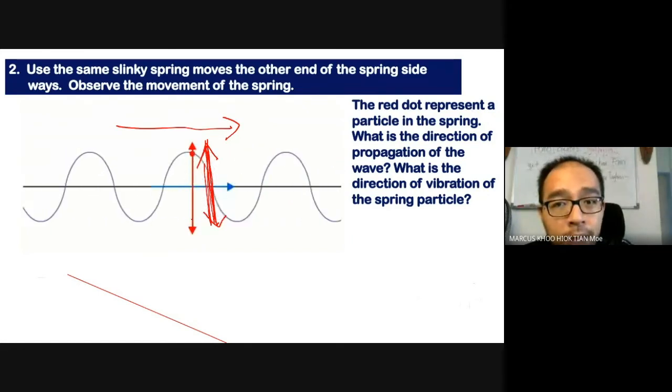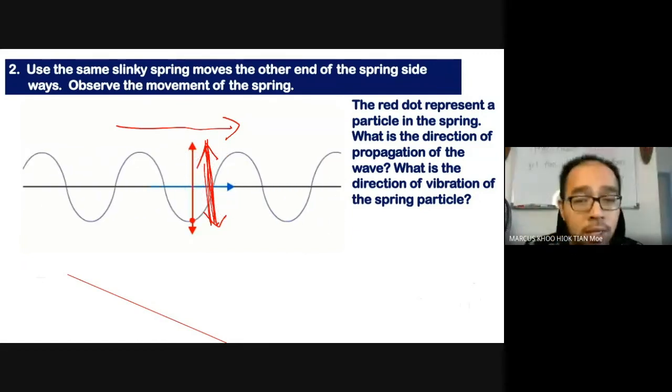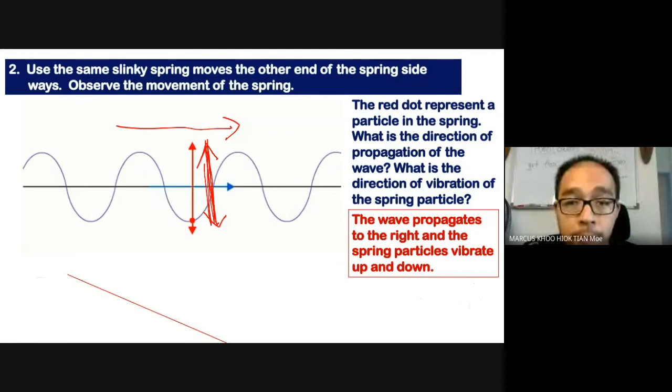So what is the direction of the propagation of the wave, and what is the direction of the vibration of the spring particle? The wave propagates to the right and the spring particles vibrate up and down. This is different from the first one we saw, where the particle is moving left to right together with the wave.